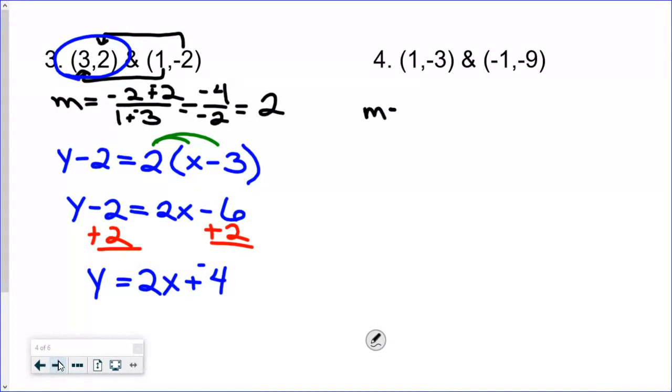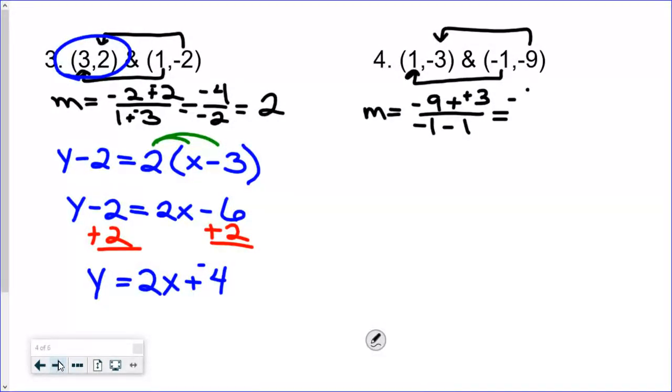So to find my slope, y minus y, negative 9 minus a negative 3, careful, over x minus x. Keep, change gives me negative 6, keep, change gives me negative 2, and that gives me a positive 3. Then I'm going to use my first ordered pair listed, just to be easy.